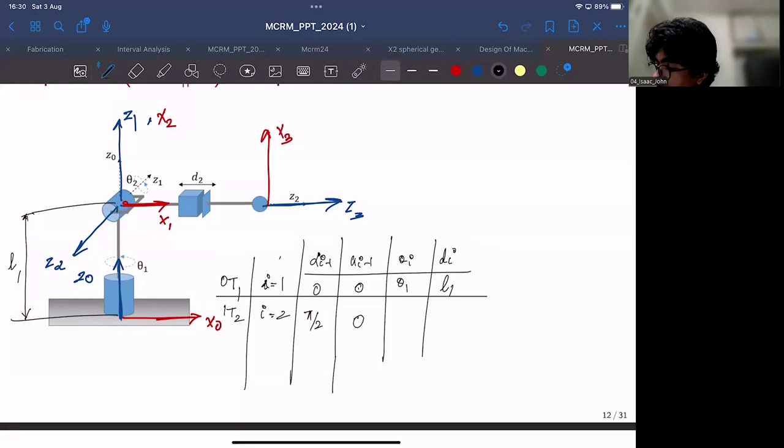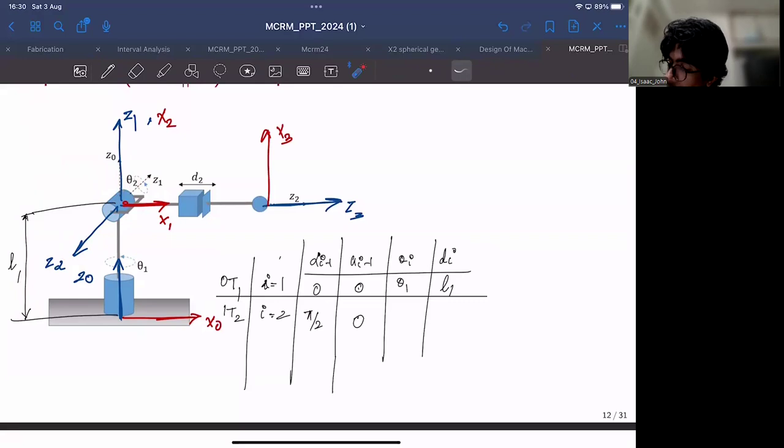And what is theta i? Theta i is basically the rotation about Z2, so that X1 and X2 can be aligned. So this is X1, this is X2, and X2 can be at any arbitrary orientation parameterized by this angle theta 2, right?